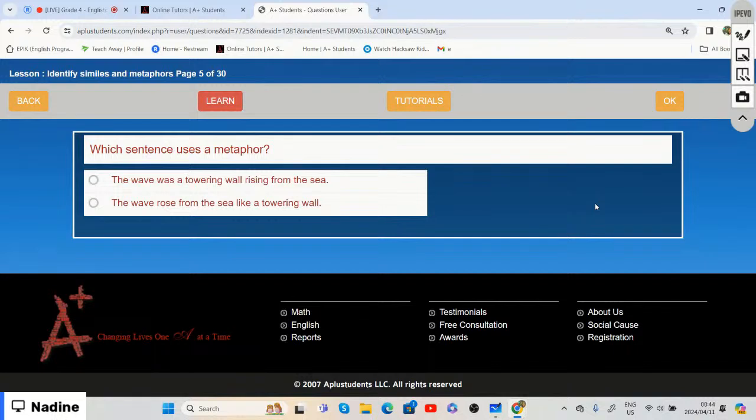All right, so now we need to say which sentence uses a metaphor.